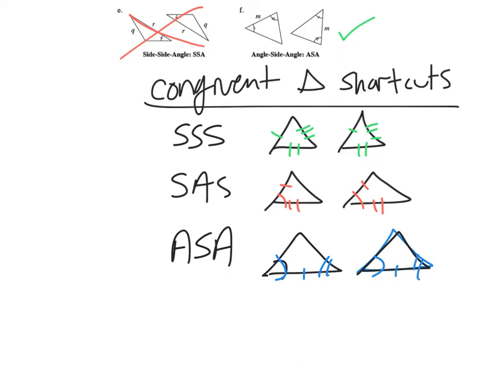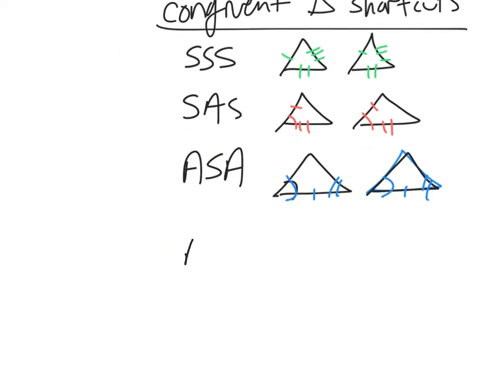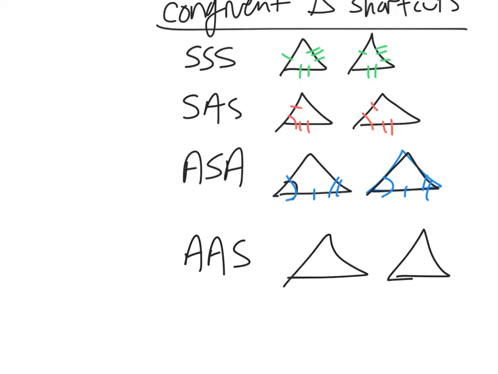So angle, side, angle. Then we also have angle, angle, side. Angle, angle, side uses 2 triangles. It kind of looks similar to the one up above, but in angle, angle, side you have 2 sets of angles, and the side length that you know is congruent between the 2 triangles is not located in between the 2 angles. So it's located outside of the 2 angles.